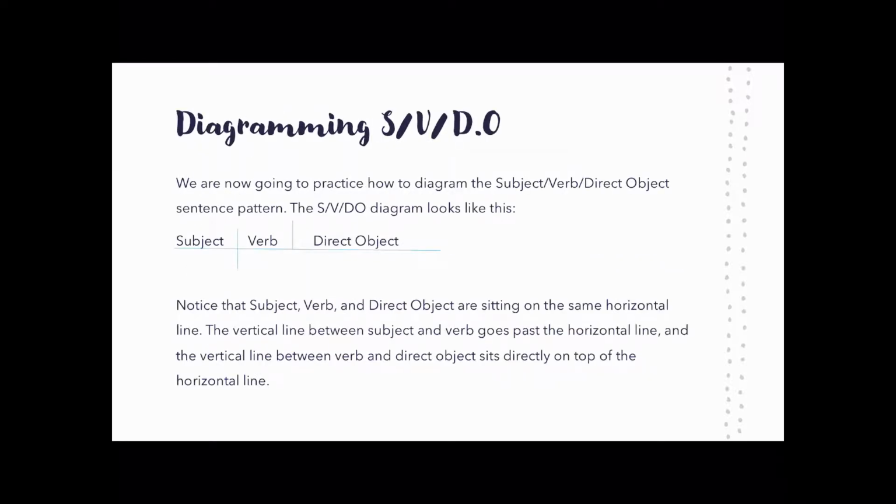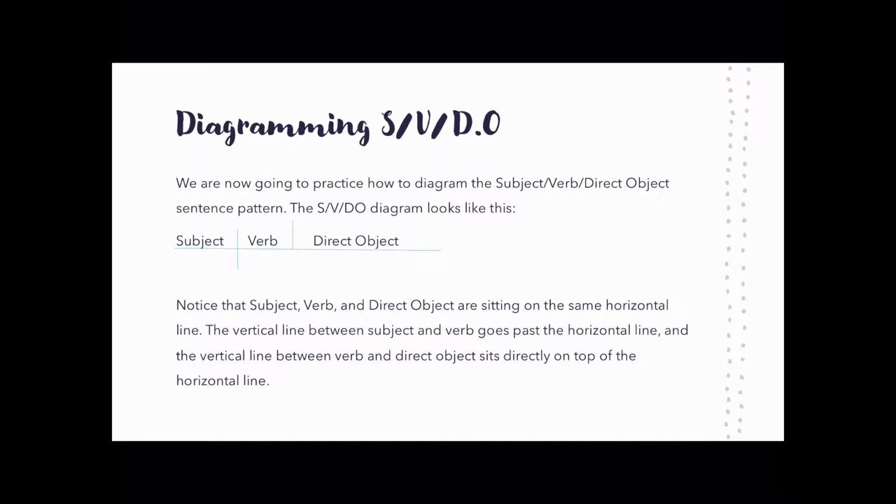So we're also going to talk about diagramming the subject, verb, direct object sentences. We're going to practice how to diagram the SVDO sentence pattern, and it looks like this. So if we cover up the direct object with the line, it looks exactly the same as it did with just the subject verb.